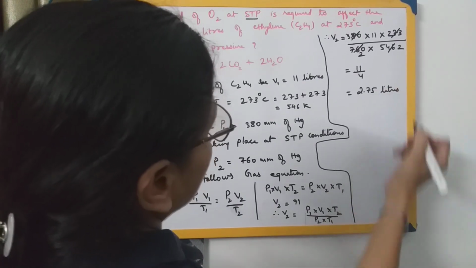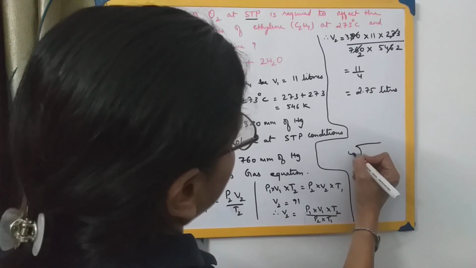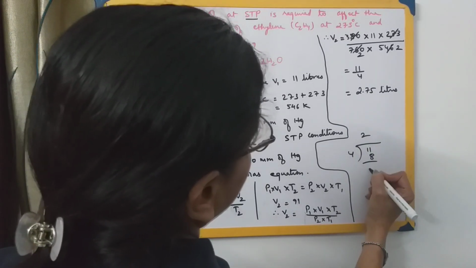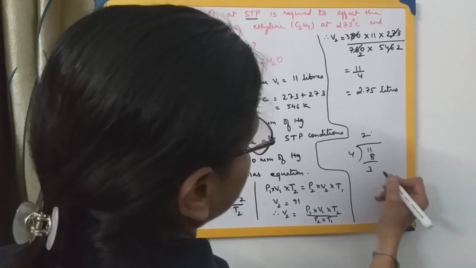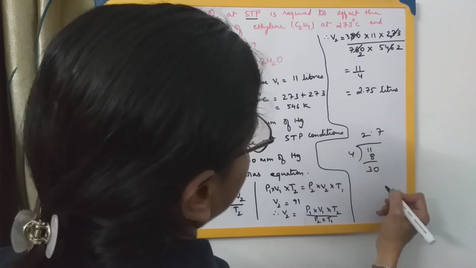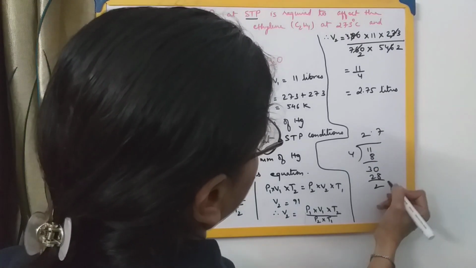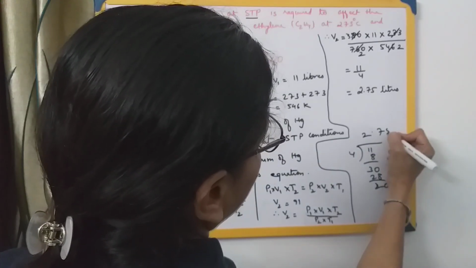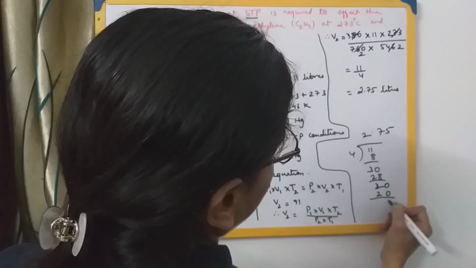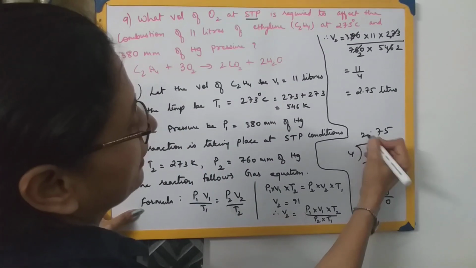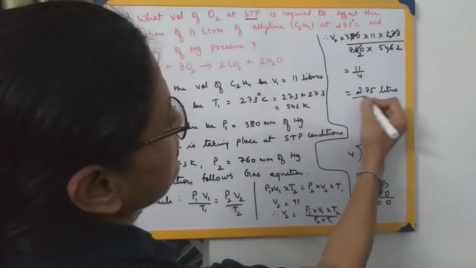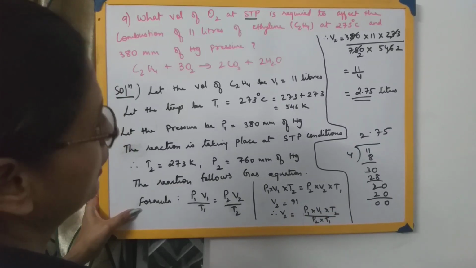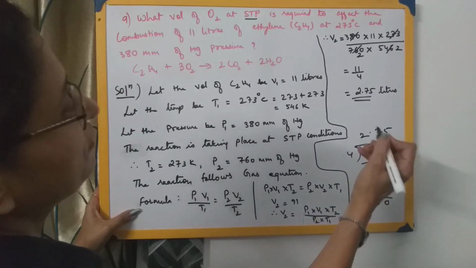Do you want me to show you this calculation, 11 by 4? 4 2s are 8, 3, 7s are 28. Then over here 0, so this will be 5s. So this is how you get 2.75 liters. Just go through it. I hope it's clear.